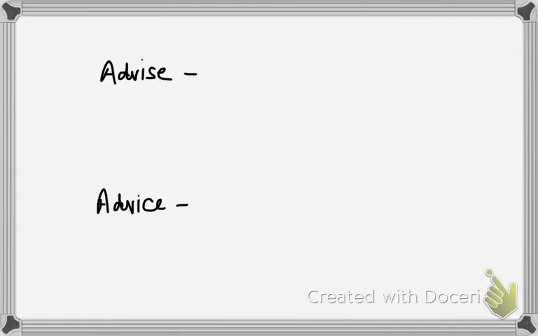Now we move on to the difference between the 2 words, advice with an S and advice with a C. I'll be using some Hindi in order to explain it better. Advise with an S is a verb, and advice with a C is a noun. How to remember this?